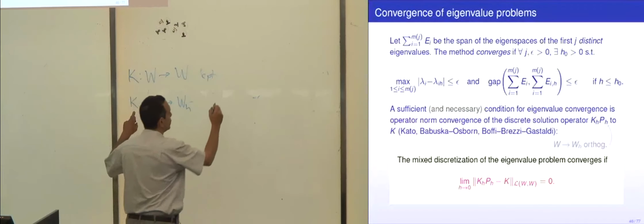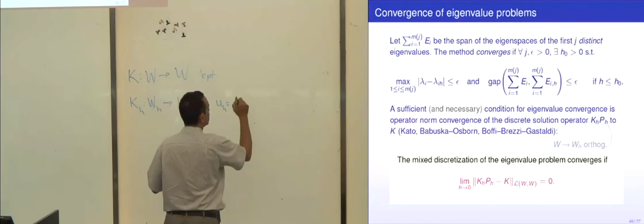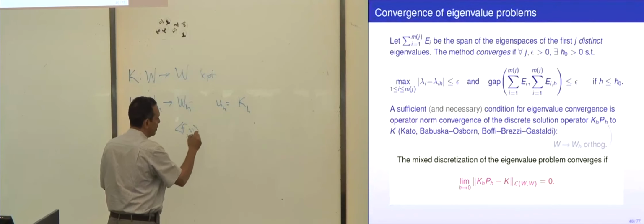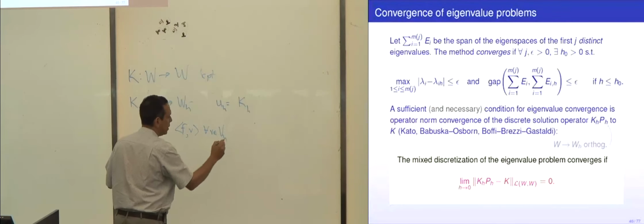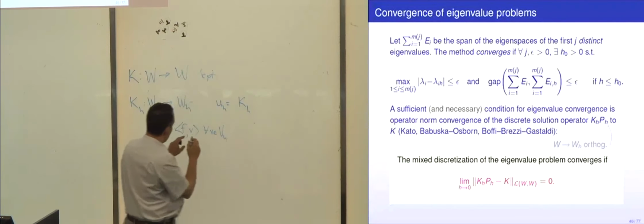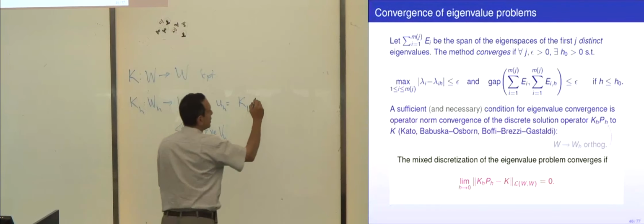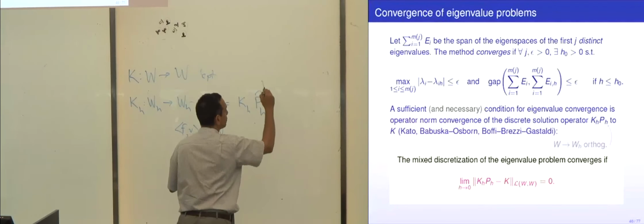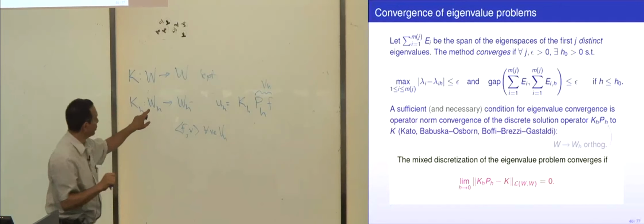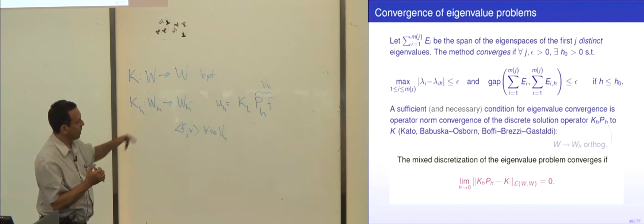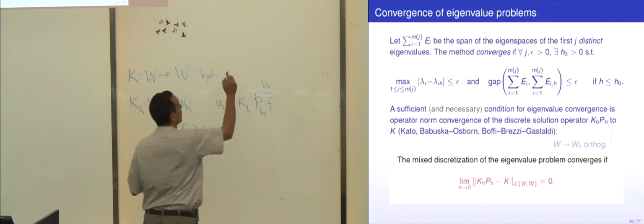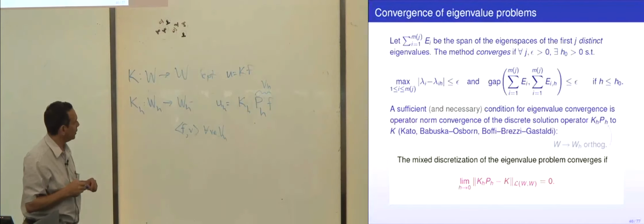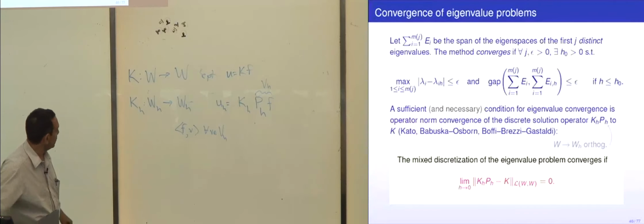And the discrete solution u_h is K_h of what? Well, you have a term that looks like F(v) for all v in the subspace. So F is only seeing the subspace, so it's K_h applied to the projection of F into V_h. This K_h operator is only defined on the finite dimensional space. So here u is equal to KF, and u_h is K_h F_h.